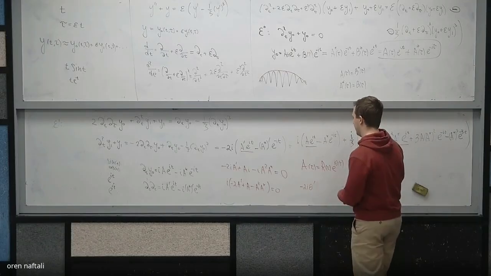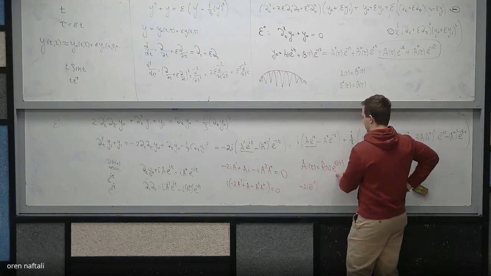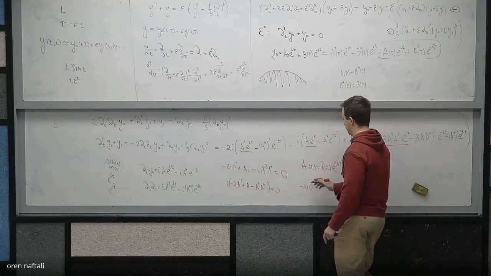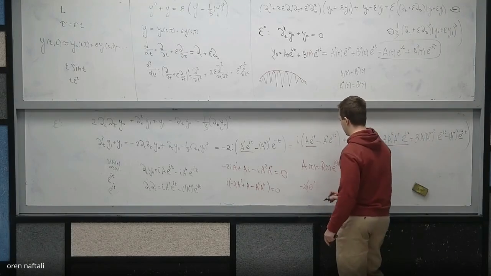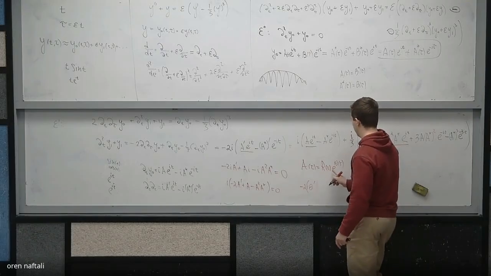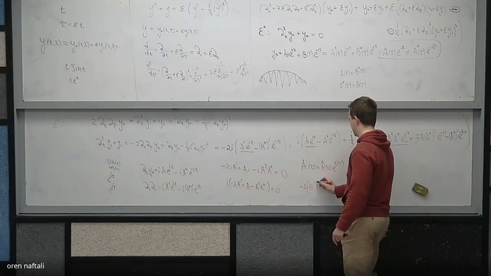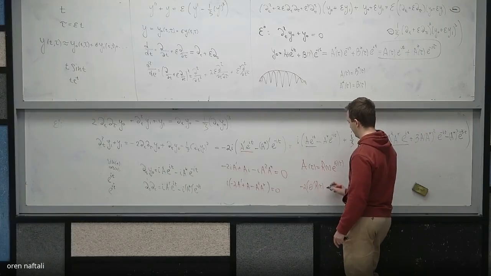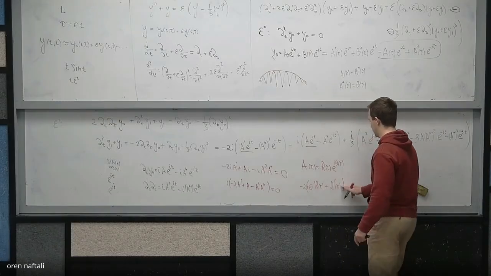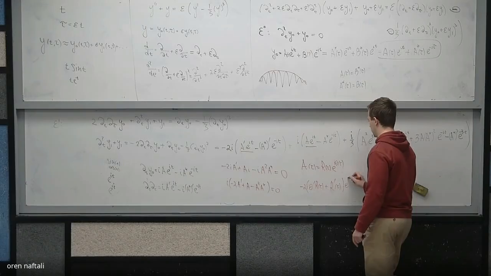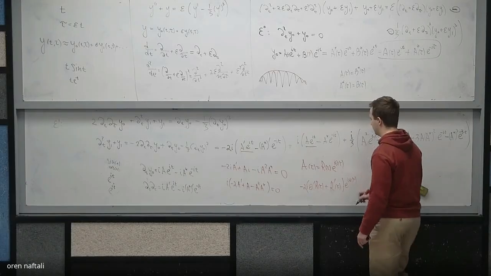This is the derivative of this one, but then I have the exponent times r of tau, then plus r prime of tau, all of this multiplied by e to the i delta of tau.